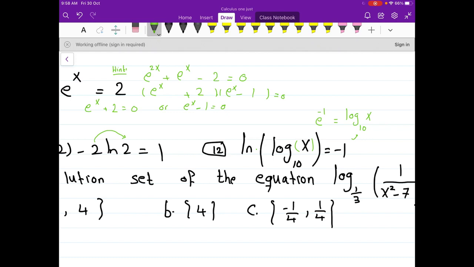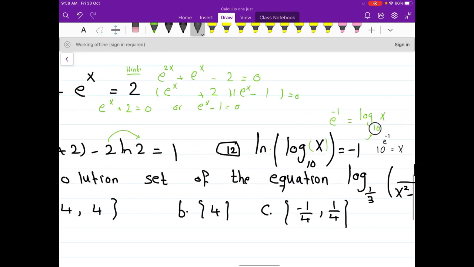And this one is equivalent to 10, so we solve it: e to the power minus 1 equals x. This is the base, the exponent.